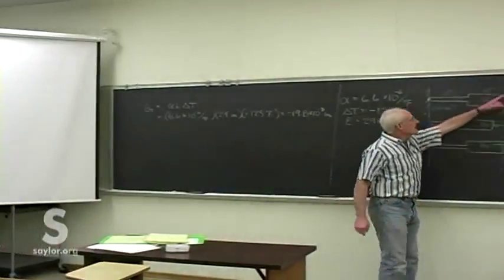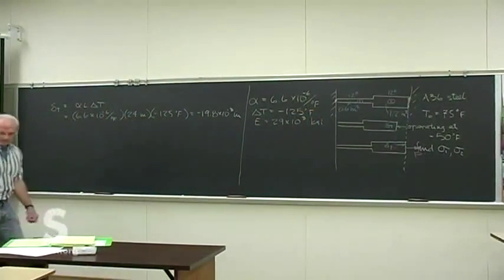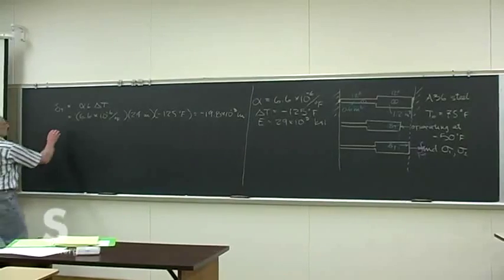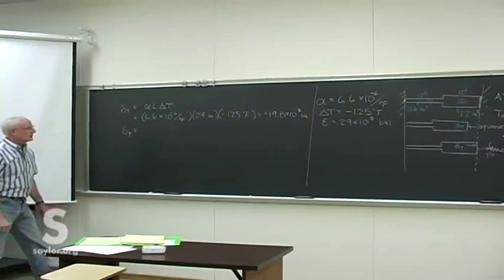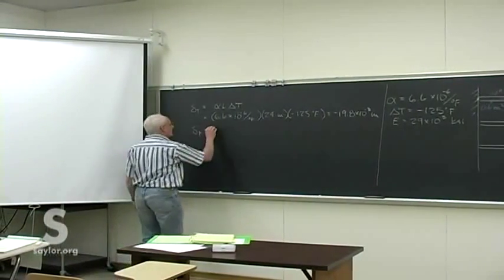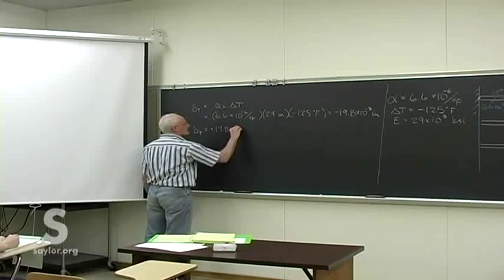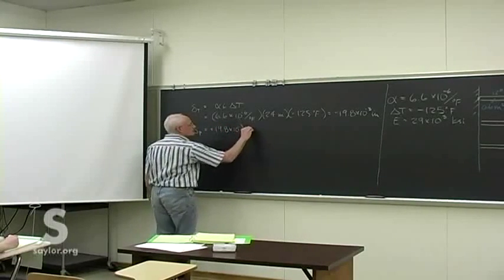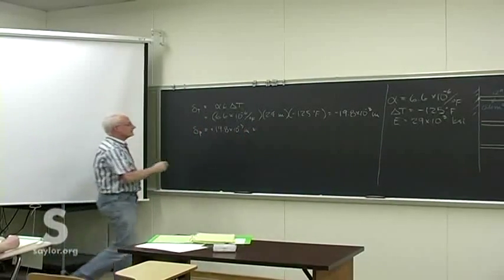But because it's attached to an immovable support, we need to pull it back out to an appropriate length in the other direction, which we know is going to have to be plus 19.8 times 10 to the minus 3 inches. And we do that just as we did before.